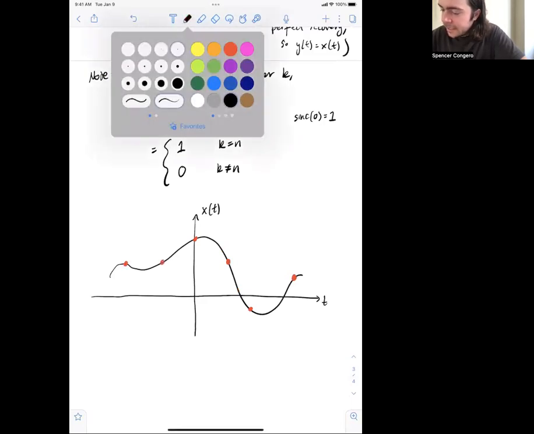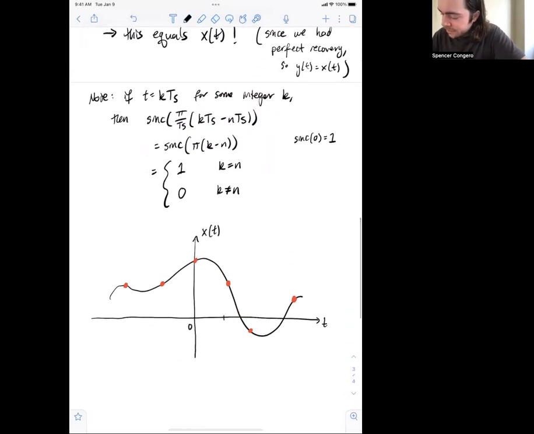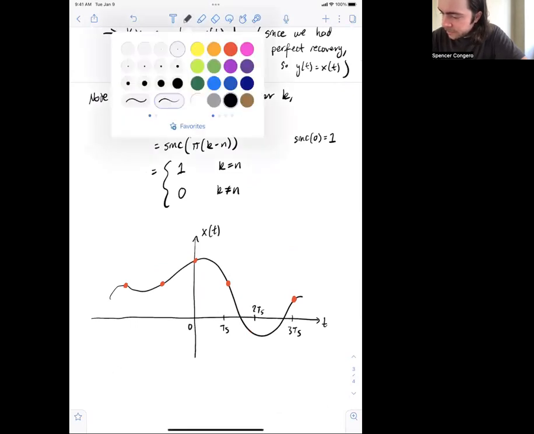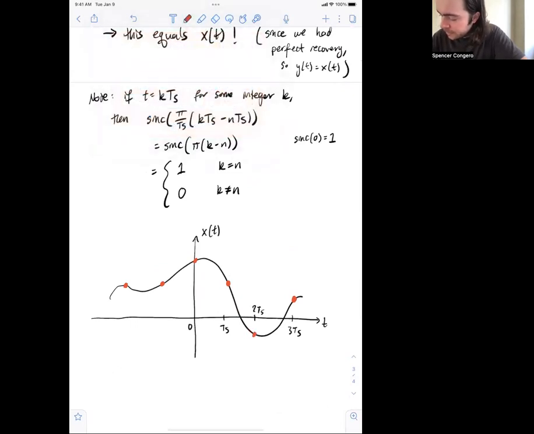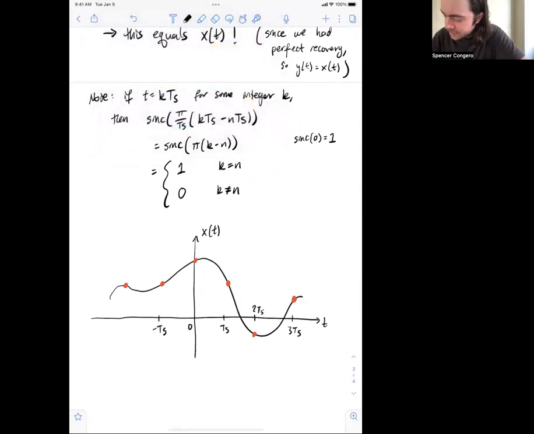And these sampled points are at all of these integer multiples of the sampling period. So this will be 0, t sub s, 2 t sub s, 3 t sub s, and so on. And this is at negative t sub s, negative 2 t sub s, and so on.